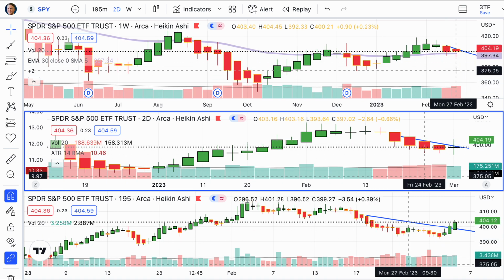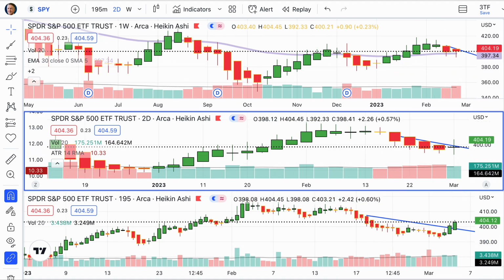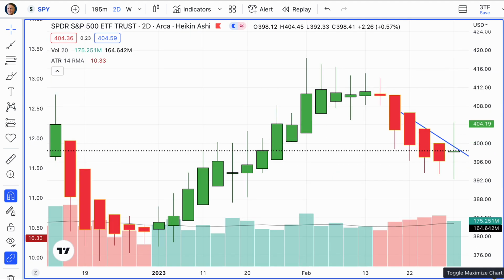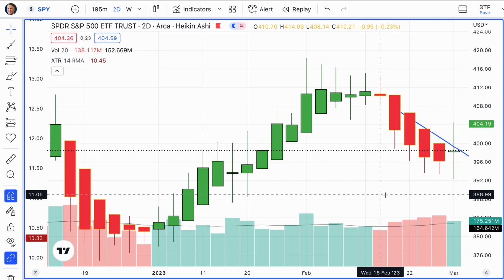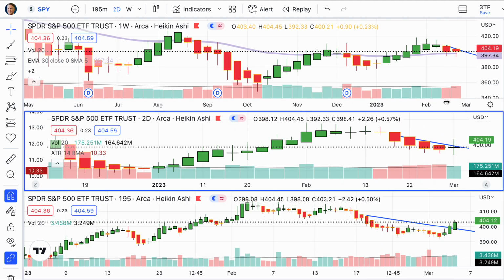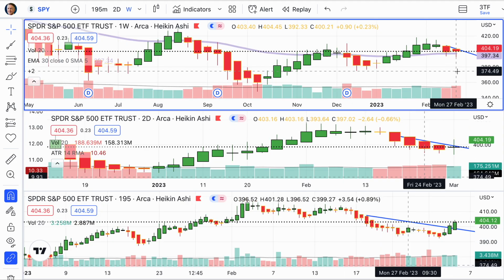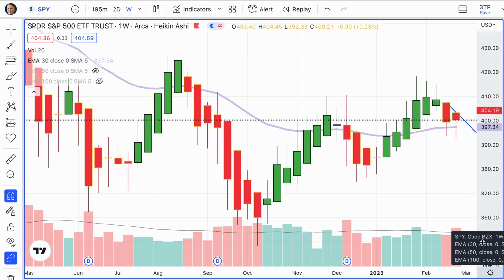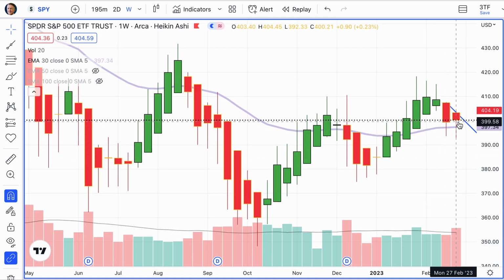Now, as we zoom into this week and analyze what's up with the volume, I somehow switched. Let me make sure I pulled up the right chart. There we go. I wanted you to have the weekly. We can look at the 2-day too, but look at the weekly. Long wick on the bottom, little candlestick, high volume.